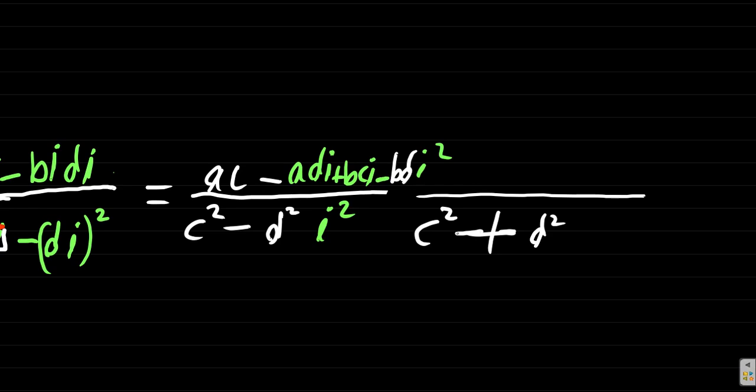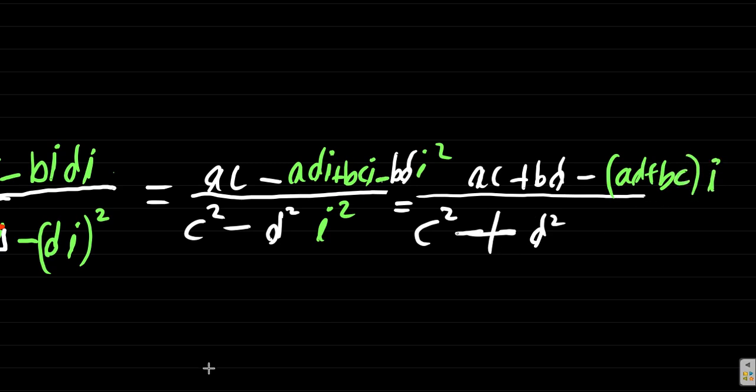So what you're going to get, I should have had an equal sign here. Now this I squared is negative 1 and it's going to turn this negative. So you end up with AC plus BD, then minus, in bracket you can put AD plus BC, and then I. So that is what you end up with.